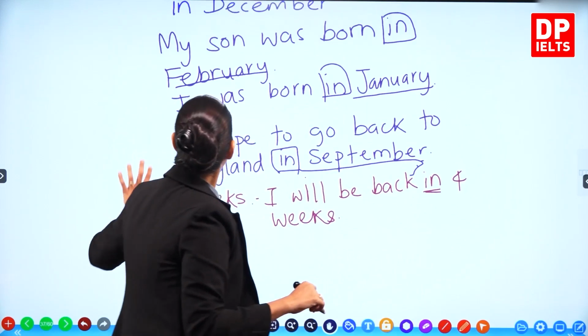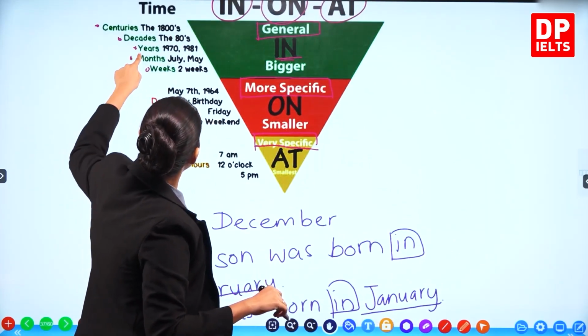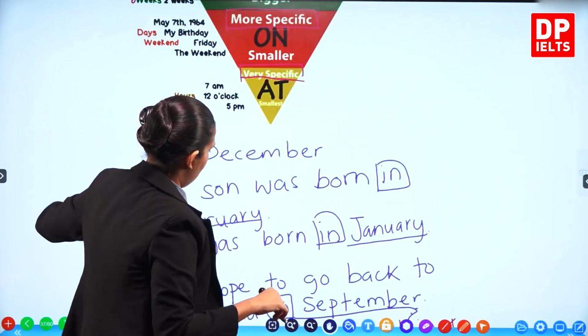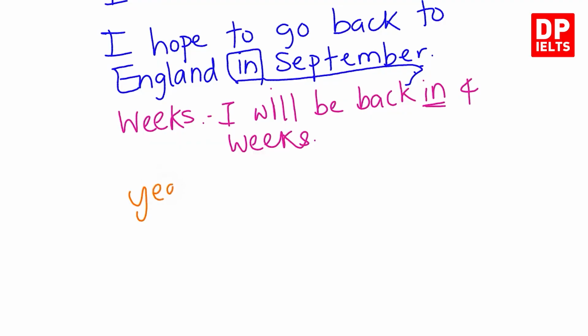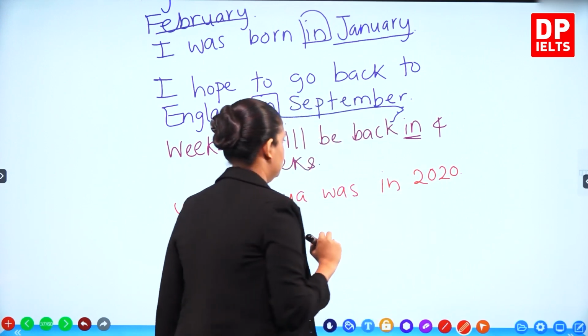Right? Or you could use the in preposition with years. Okay? Example, Maya was born in 2020. Right?